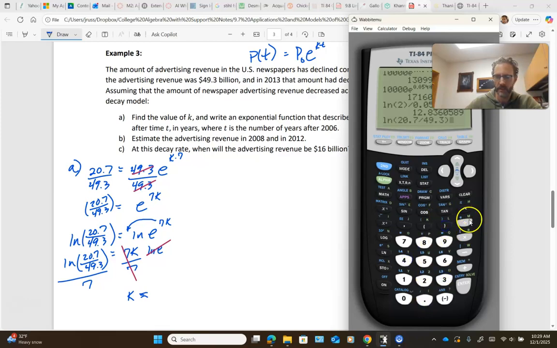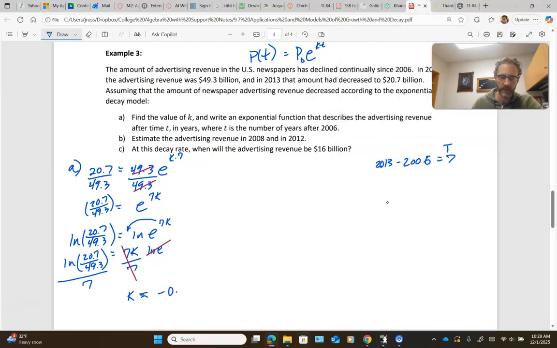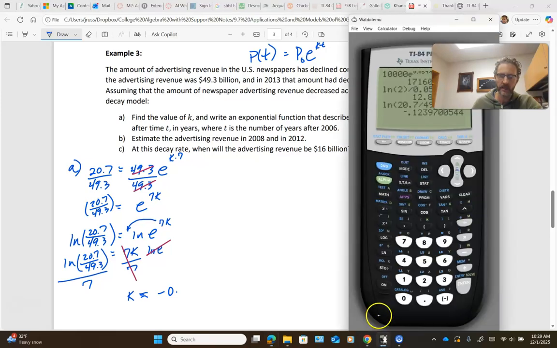Close those parentheses and then divide all that by 7. Now this is a decimal and it's negative, so it's negative 0. You want to carry this out several decimal places. I'm going to carry it out to 4 decimal places. So this 7 would bump that 9 to a 10, which would make this 39 go to a 40. So this would be negative 0.1240.